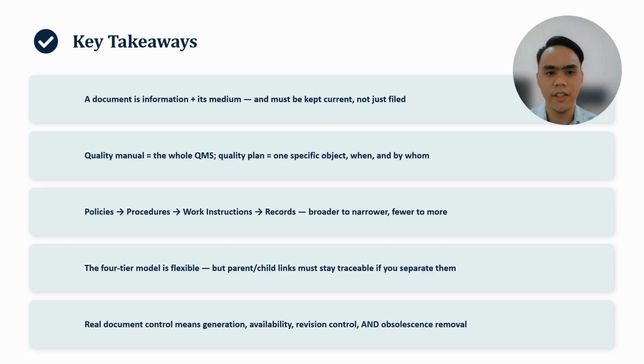Small organizations can legitimately collapse tiers together, but whenever tiers are kept separate, the parent and child relationship between them needs to stay traceable, exactly like the policy to procedure to work instruction chain we walked through. And the fifth is that real document control, as per the Parsowith four requirements, means covering the full life cycle: generating and approving documents properly, making them available everywhere they're actually needed, controlling revisions through a consistent system, and actively identifying and removing obsolete versions so no one accidentally follows outdated instructions.